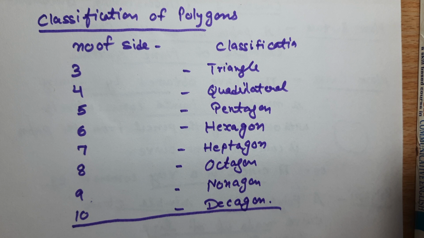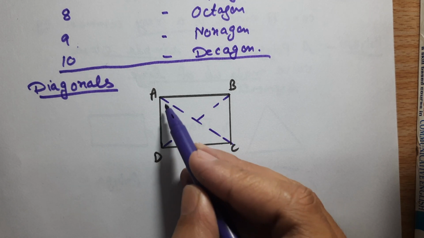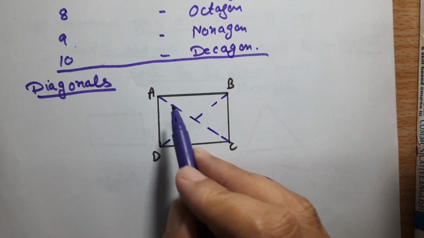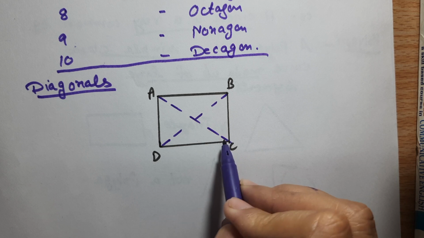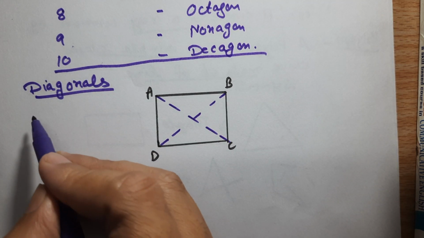Now we will understand about the diagonals of a polygon. What is meant by diagonal?